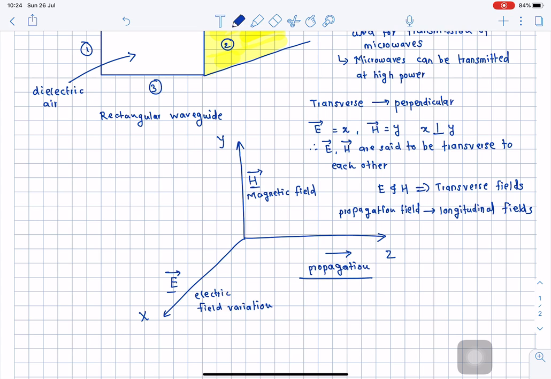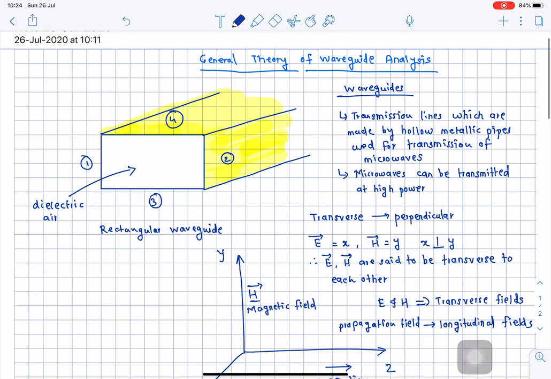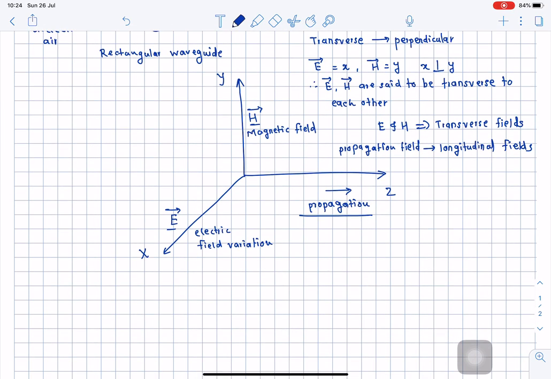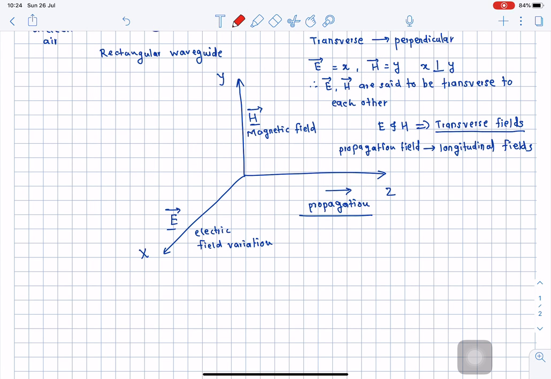Now, what is the objective of the general theory of waveguide analysis? The objective of this derivation, which we are going to see very soon, is to express these transverse fields, meaning the fields located along the directions perpendicular to the direction of propagation. I will choose a different color so that you will know the objective of this derivation.